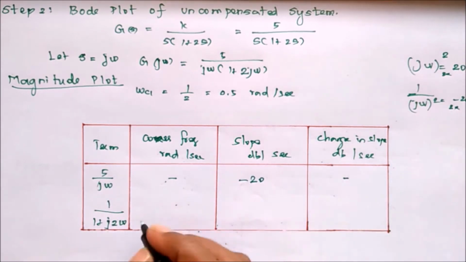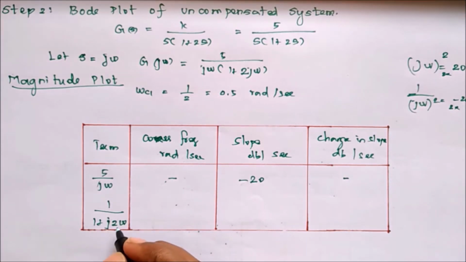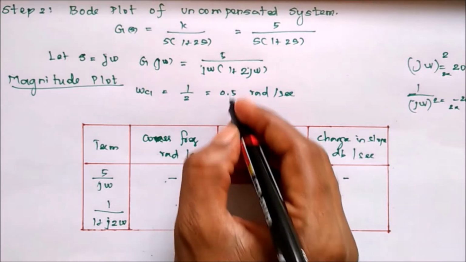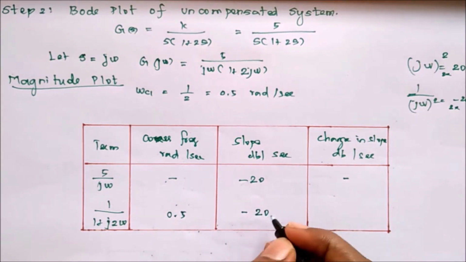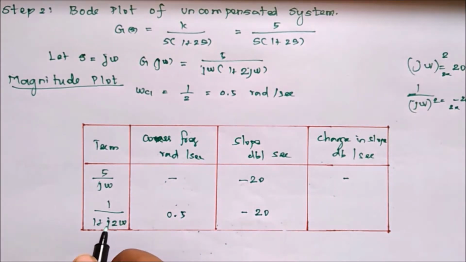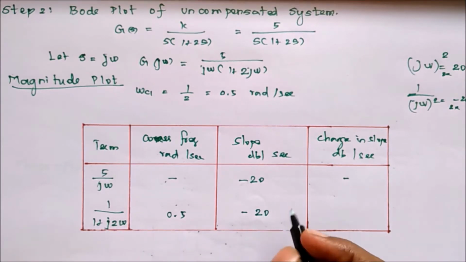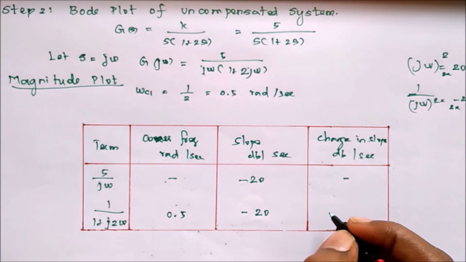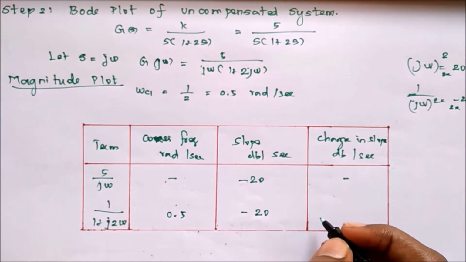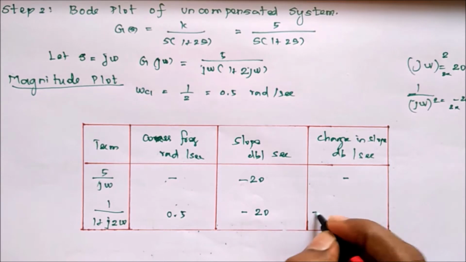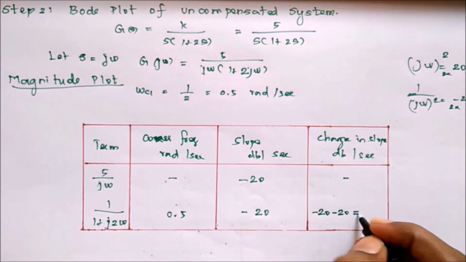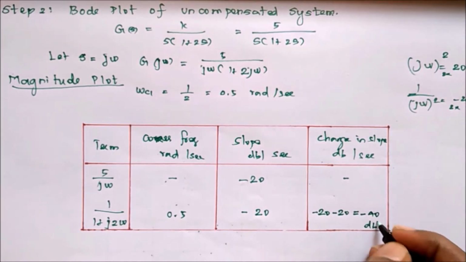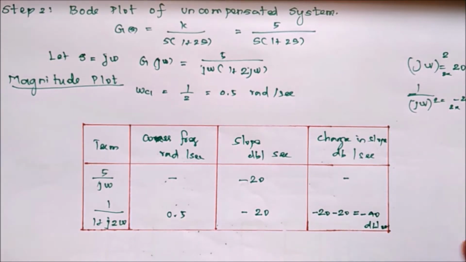In the next step we see also only one term. The corner frequency is 0.5, which we already calculated. Its order is 1, therefore minus 20. To calculate the slope, first we consider minus 20, then add this value minus 20, so minus 40 decibel per decade is the change in slope.